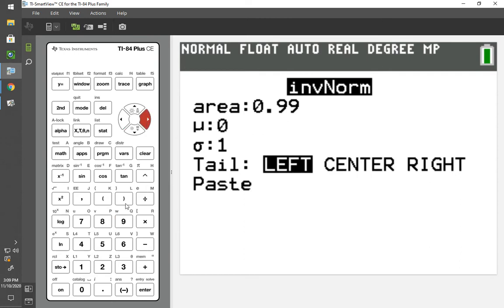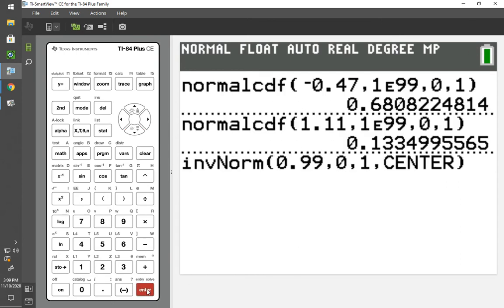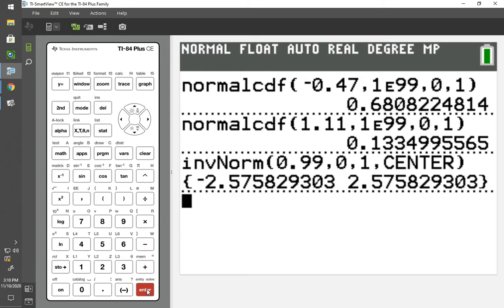I'm looking for the center population, so I hit center on my calculator. If you don't have an updated version of the calculator, you won't have left, center, and right, and you would have to focus on the 0.5% on the left-hand side. I hit paste, I hit my numbers, and I get a 2.576 when rounded, positive and negative, which is going to be letter D.